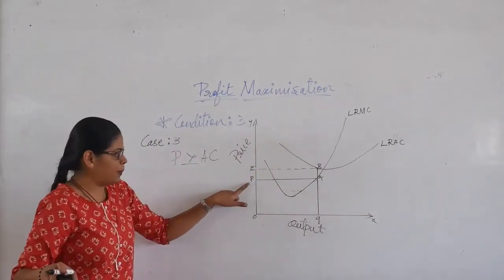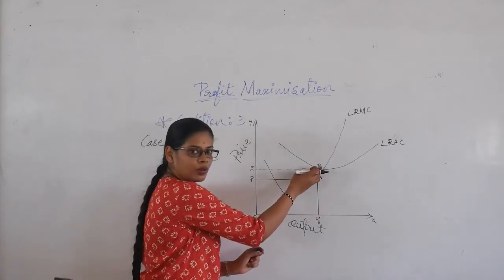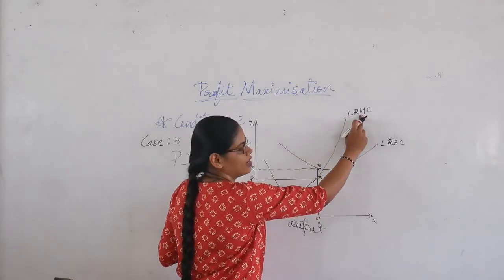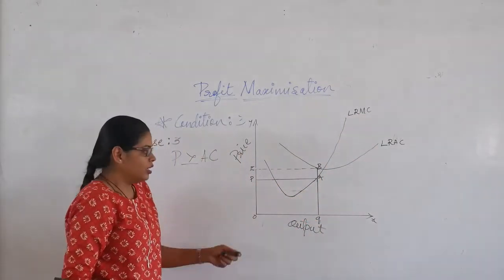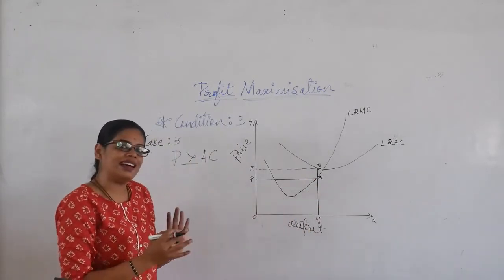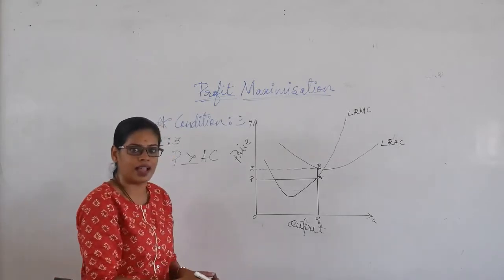P talks about the market price, E talks about the average cost, and these curves are the long run marginal cost curve and the long run average cost curve. Now if you look at this graph, you can easily understand what we have discussed in the previous class and what we are going to discuss now.